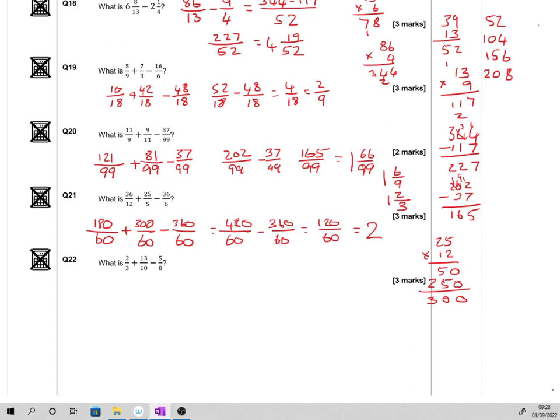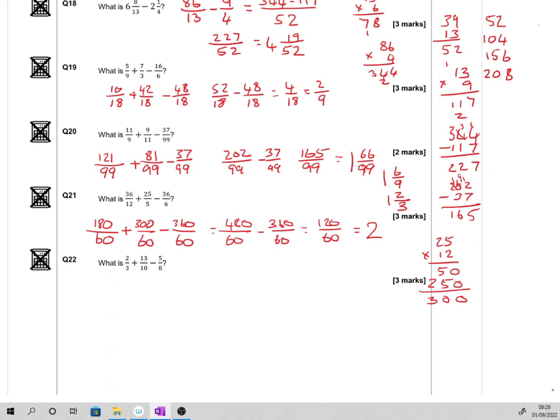Right, 2/3 plus 13/10 plus 5/8. Common denominator for that. 3 8s is 24. 30. Oh, I don't know. Let's just do these first two bits, yeah? I'm going to make them into 30ths.